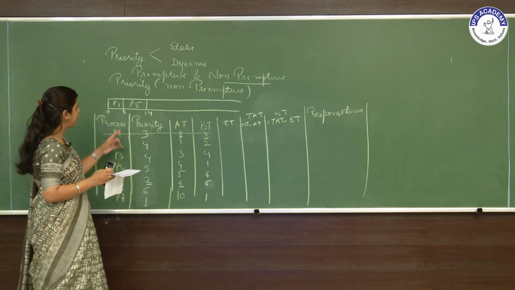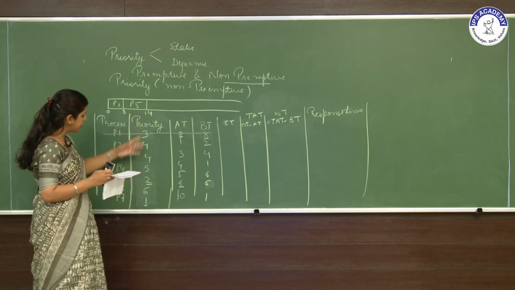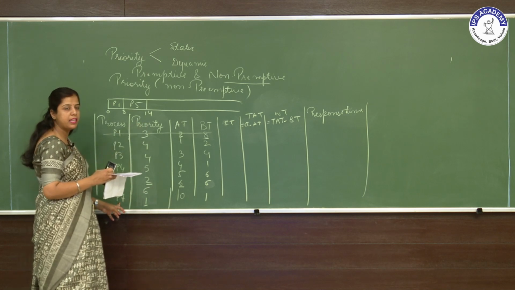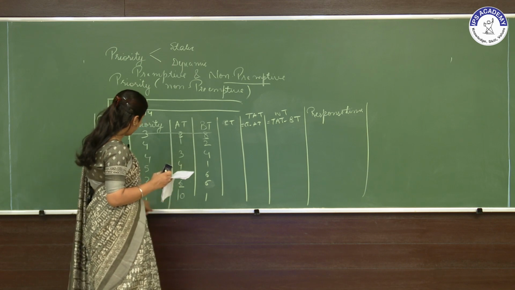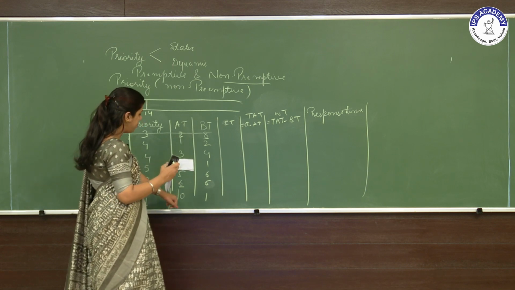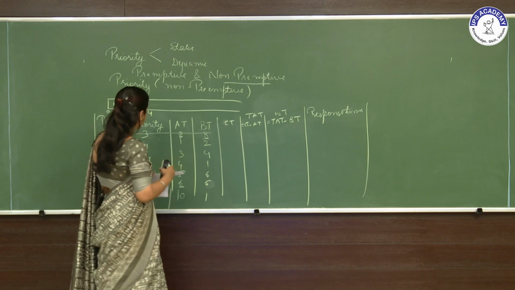Next, at 14, which process has come now? P7 has already come into the ready queue. So we will execute the P7 process. For how much time?